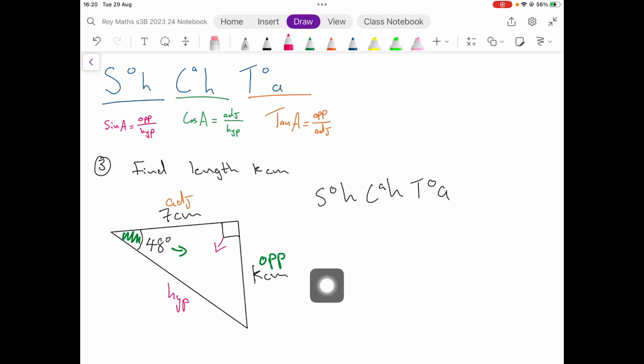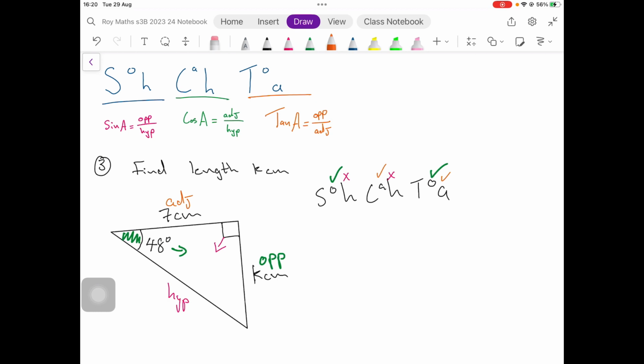No. Am I trying to find the hypotenuse? No. Okay. Do I know the opposite side? No. Am I trying to find it? Yes, so I need to work with the opposite side. That's my K here I'm trying to find. And the adjacent, do I know it? Yeah, the adjacent is 7, so that's useful.